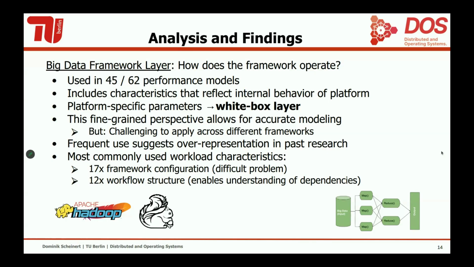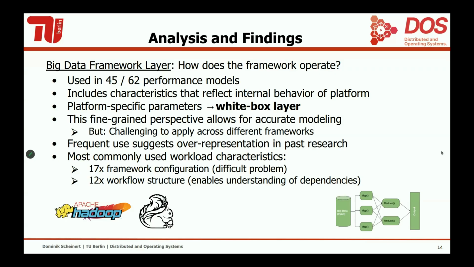And because they are very specific to a particular platform, this is considered a white box layer, because usually you have, for instance, parameters for Apache Hadoop or Apache Flink or Apache Spark, but this is a parameter that only applies to one of these frameworks and can't be reused without any modifications for another platform. So this is why we call this a white box layer.